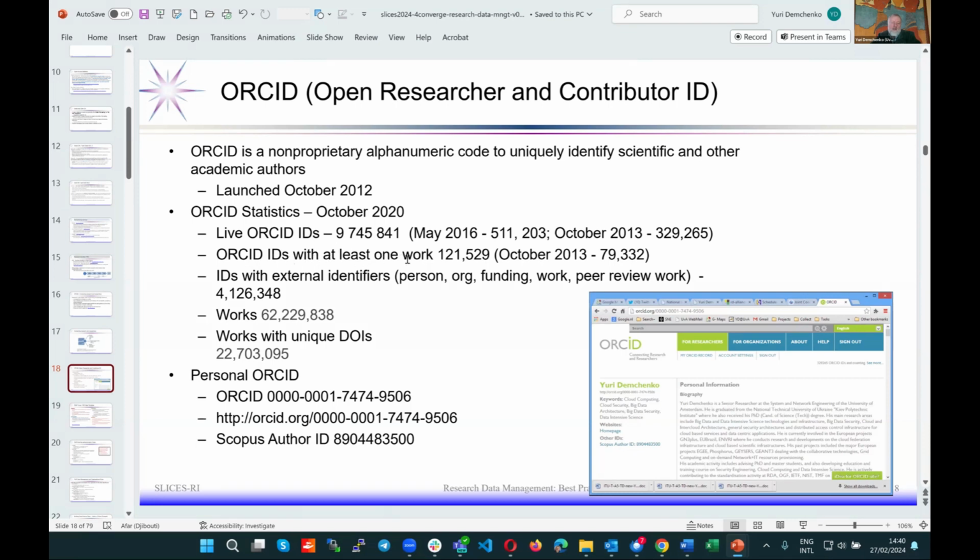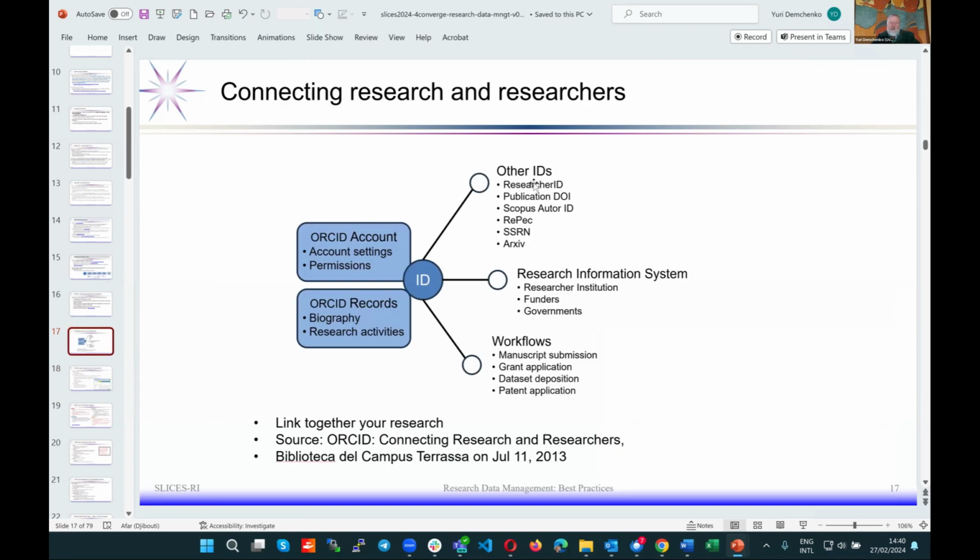Not everybody is using this ORCID, but anyway, this is the format of ORCID: 16 digits, together with a namespace definition like orcid.org, and it is also linked to the Scopus ID and any other ID as shown in this list.